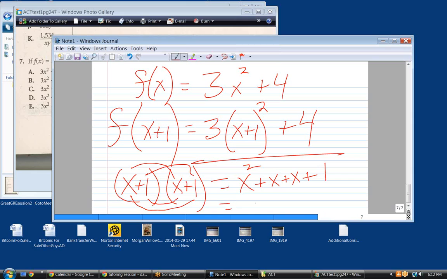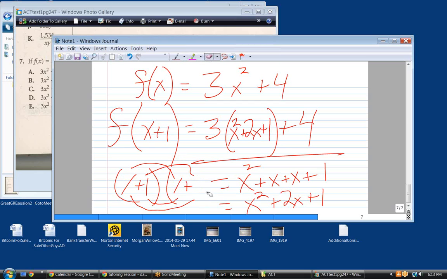So x plus 1 quantity squared is x squared plus 2x plus 1. Let's write that in place of this. The 3 isn't being squared, but the entire x plus 1 is being squared. So in place of x plus 1 squared, I write x squared plus 2x plus 1.